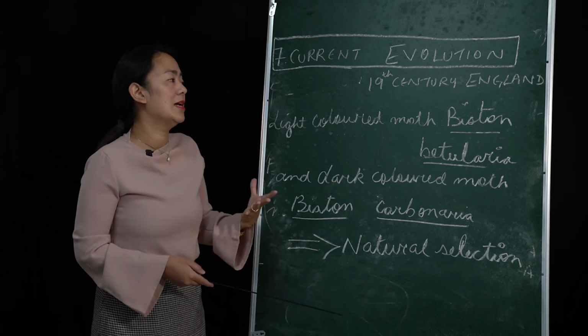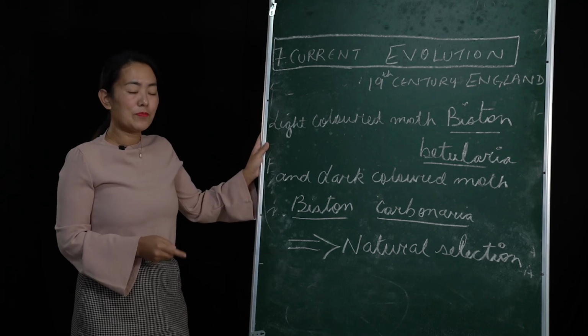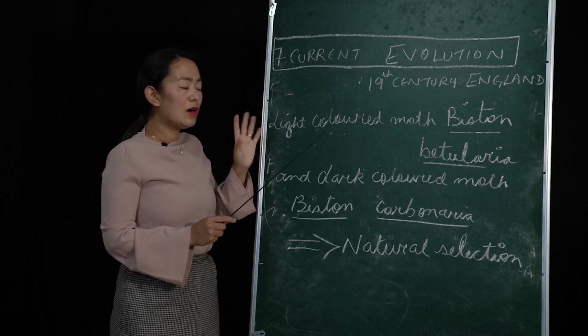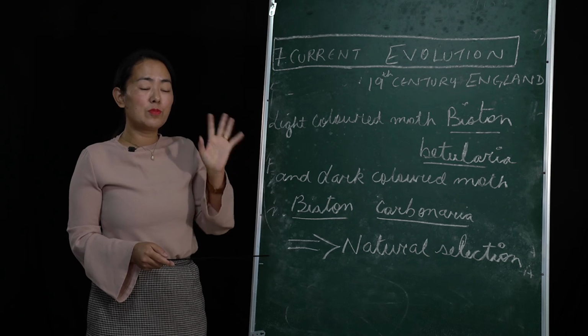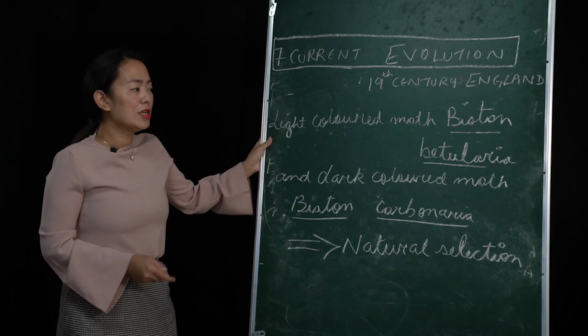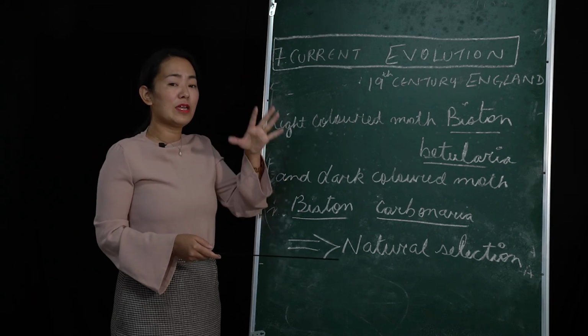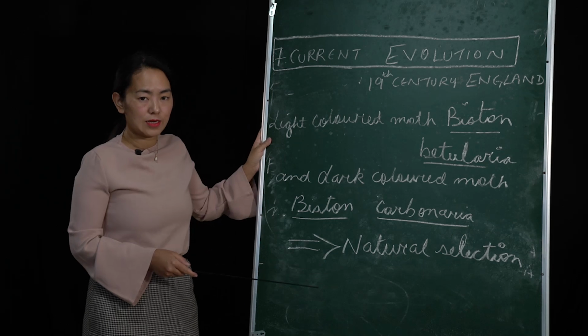So in England, near the industries, in the forest, they found that on the trees there were specific moths present. The moths were actually light-colored moths. They were found in large numbers on the tree barks everywhere in the forest, and they were light in color.